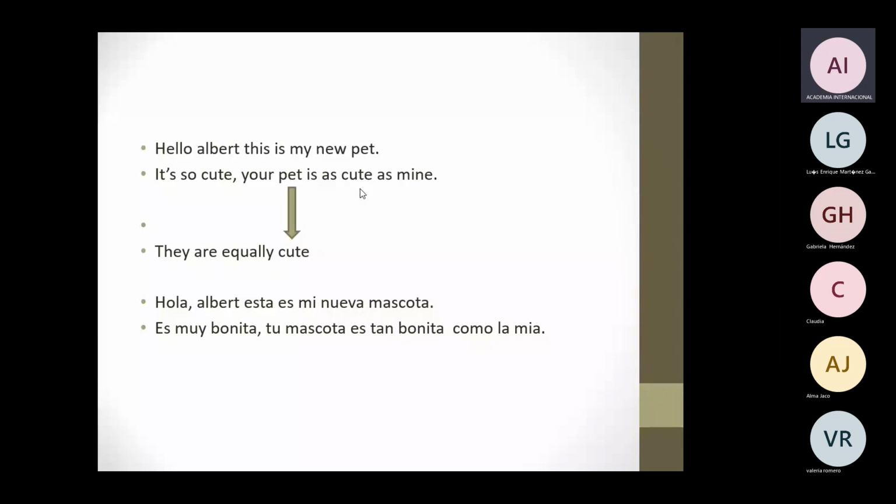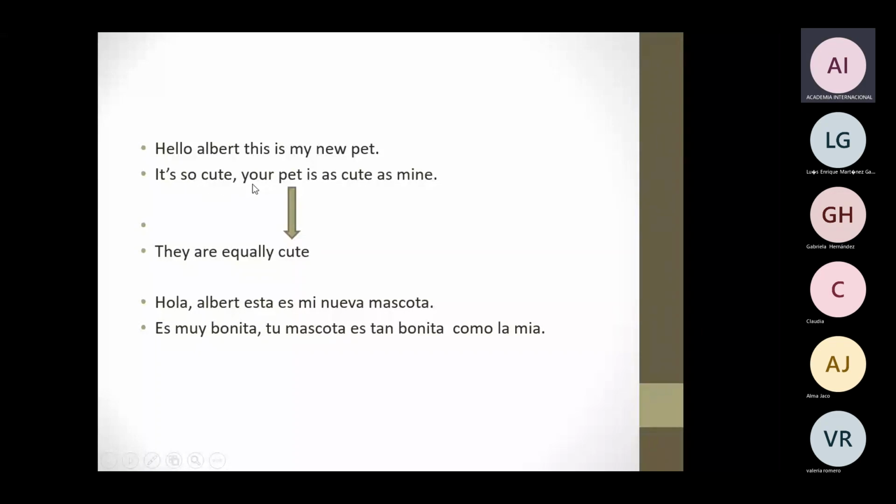Entonces está describiendo que algo es de esa forma. Small, short, tall, ¿verdad? Hay muchos adjetivos. Beautiful, pretty, it's another adjective. Comfortable is another adjective.